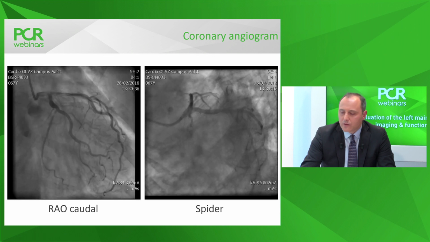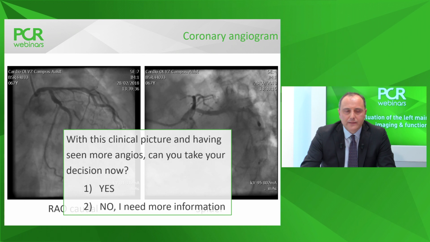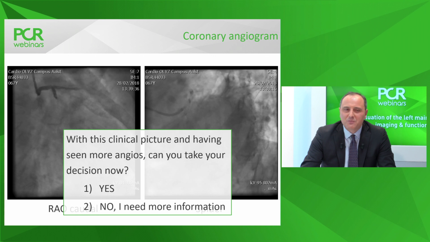And I'm curious now to hear what is the opinion of Giulio, and this question goes to you. With this clinical picture and having seen more angios, can you take your decision now? I'm still challenged, because the symptoms are not typical for chest pain.